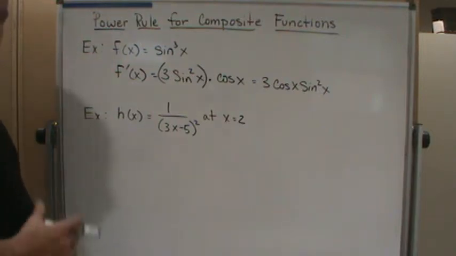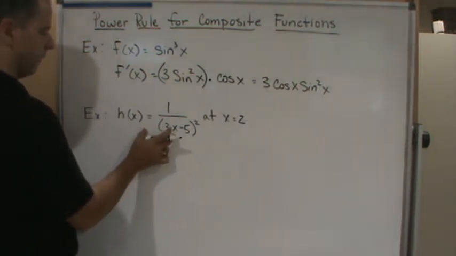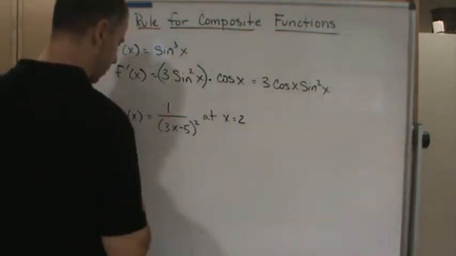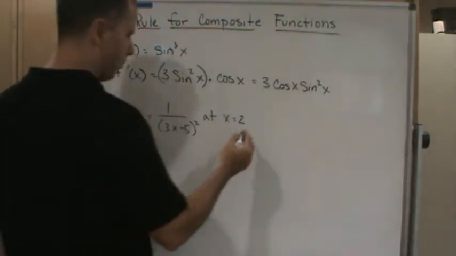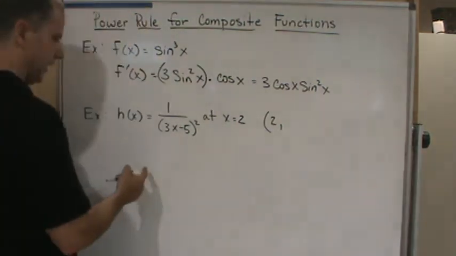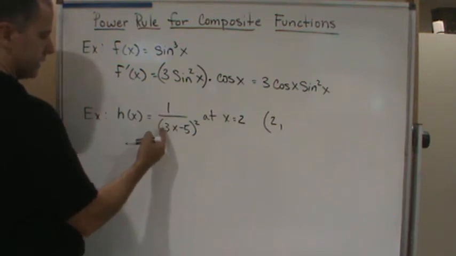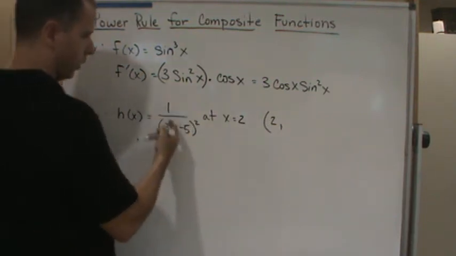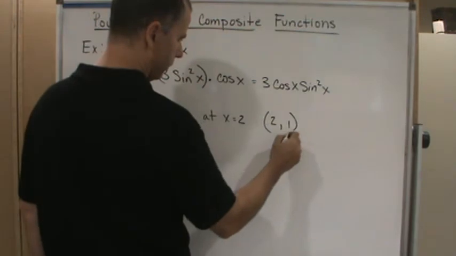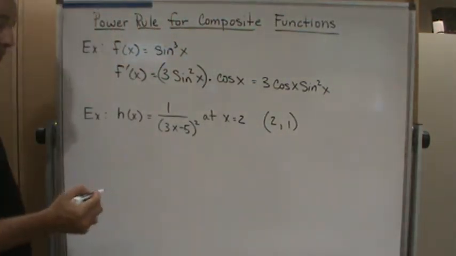We want to find the slope of the tangent line on this function at x equals 2. The first thing is to find what point we're dealing with. At 2, what do we get? We get 6 minus 5 is 1, 1 squared is 1, 1 divided by 1 is 1. So there's our point, (2, 1). Now we just need the derivative to find the slope.